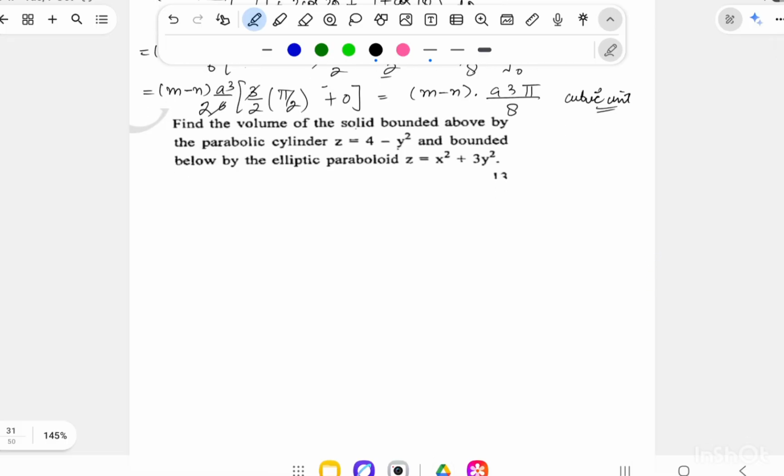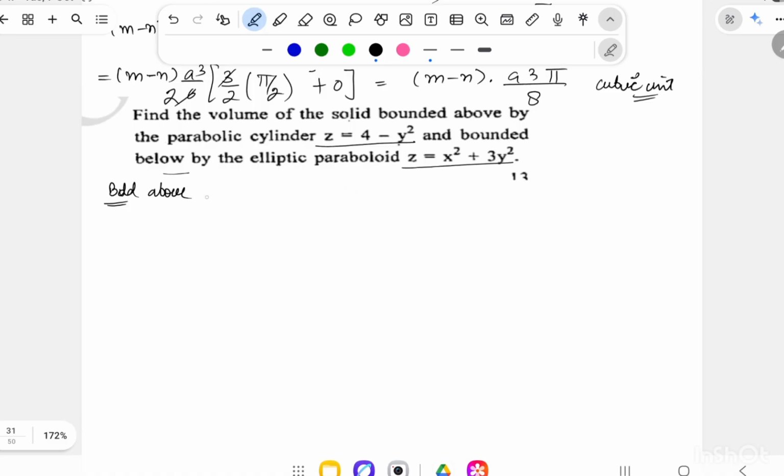The next question says: find the volume of the solid bounded above by this parabolic cylinder and bounded below by this elliptic paraboloid. So it's bounded above by z equals 4 minus y square and bounded below by z equals x square plus 3y square.